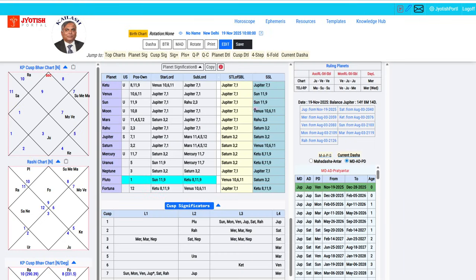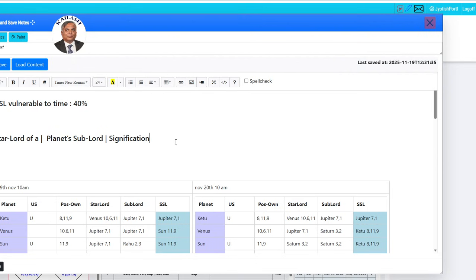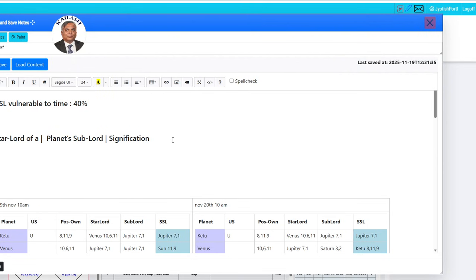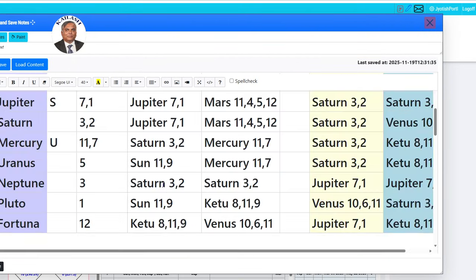Now let's focus on the star lord of sublord. What exactly is meant by this, how are these significations calculated, and what is the practical use? Let's make a copy of it and go here.